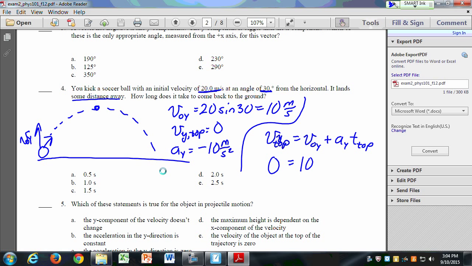That's equal to 10 meters per second minus 10 meters per second squared times t_top. Now that tells me that if I solve for this, I get t equal 1 second. That's t_top. That tells me that up here, t is equal to 1 second. So the answer must be B, right?